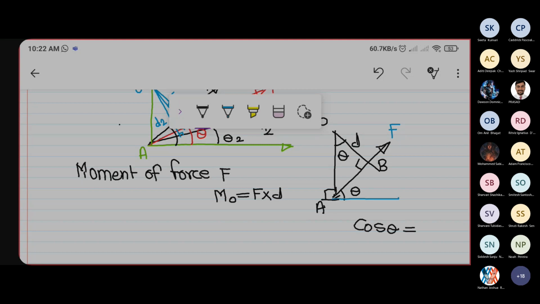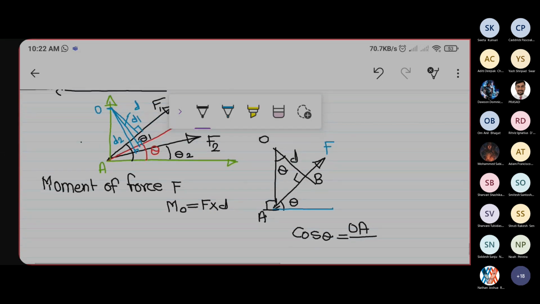Cos theta is adjacent side divided by hypotenuse, so OA divided by, what is the hypotenuse? Sorry, I am confusing you all. Sorry.